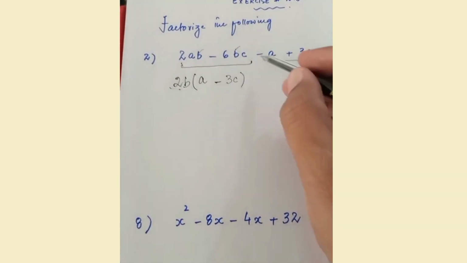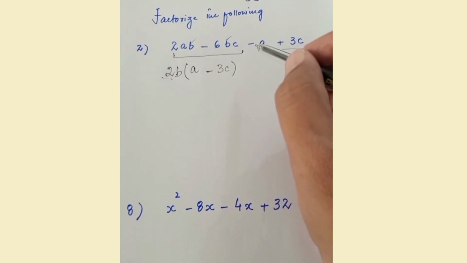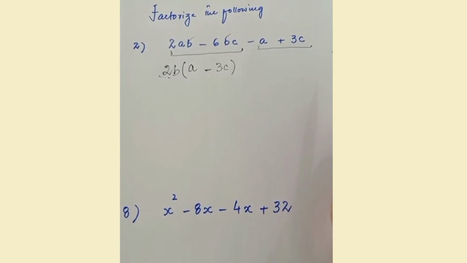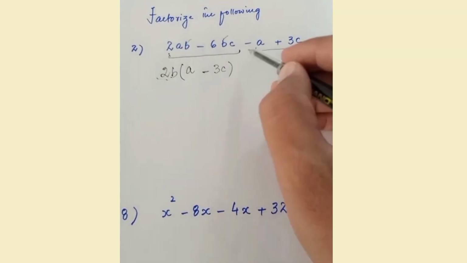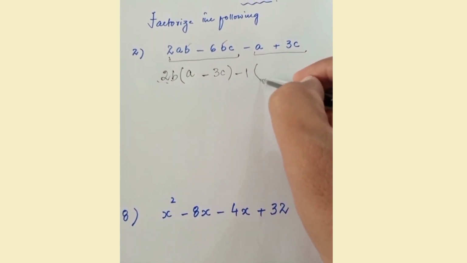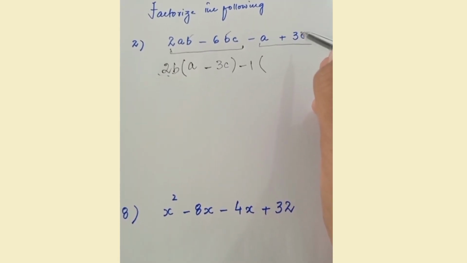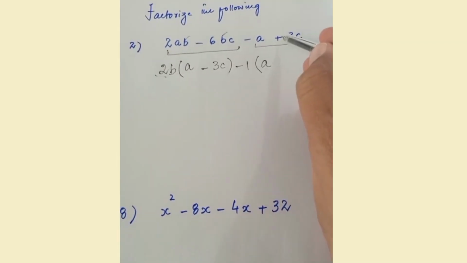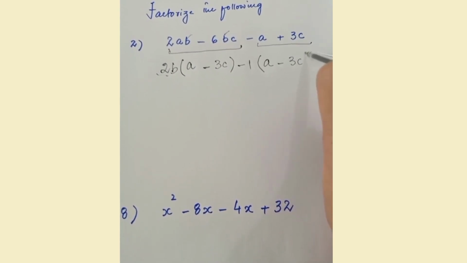Now this is the rule and you must take it very seriously in your mind. Whenever we take minus as common, the signs within the bracket will be changed. When no term is common, we just take 1 as common, so minus 1 will be common. The things stay the same within the bracket, but with different signs. It is now plus, and where it was plus, taking minus common leaves us with minus 3C.